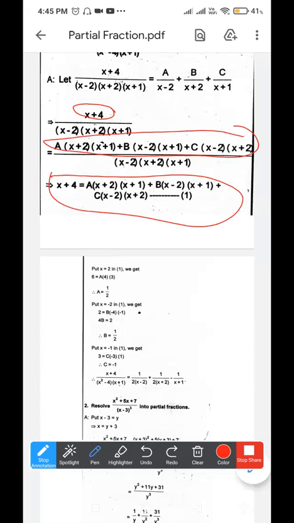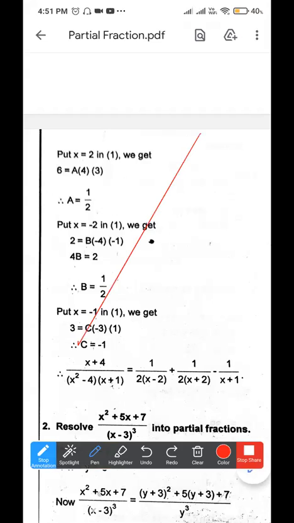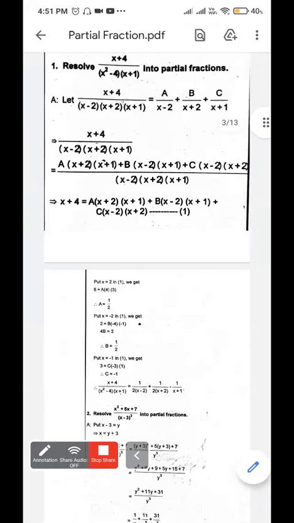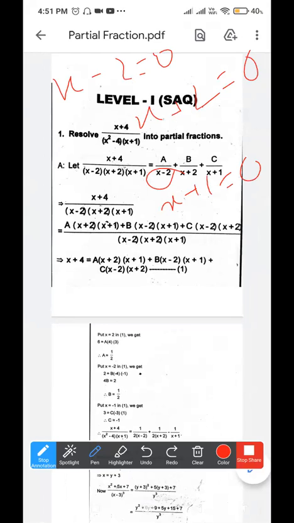Understood till here? So now, we know x - 2 is equal to 0, x + 2 equals 0, x + 1 is equal to 0. Now send the 2 to the right hand side, send the minus 2 to the right hand side, and send the 1 to the right hand side.